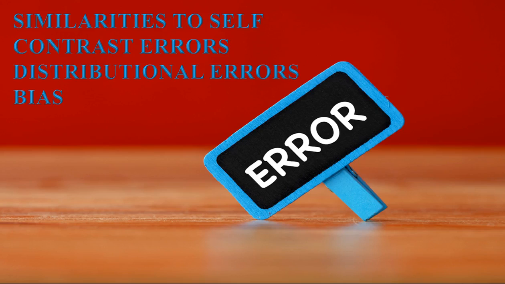Like they may show leniency, where the reviewer rates everyone near the top. Or they could be one of those reviewers that is a strict reviewer, so they might favor lower rankings for everybody. Or we could even see a central tendency where the reviewer simply rates everyone in the middle of the scale, so they're not showing that everybody's great or everybody's bad.